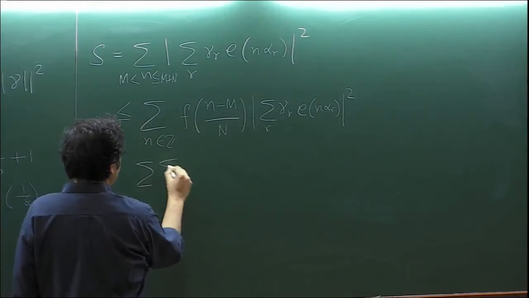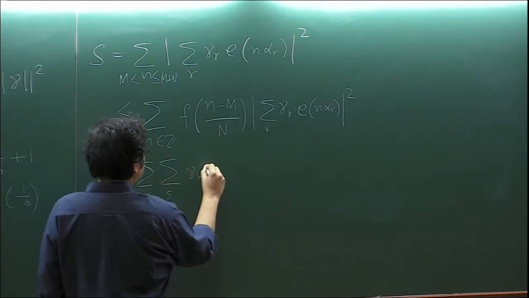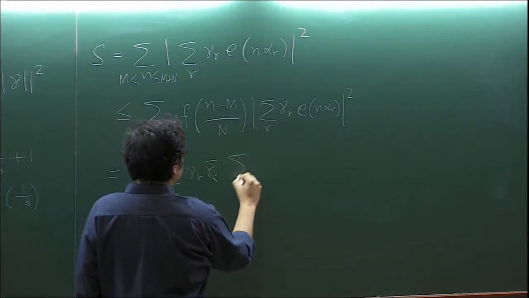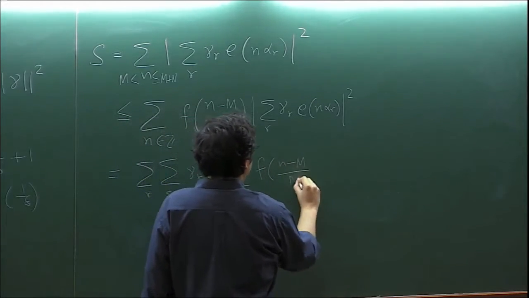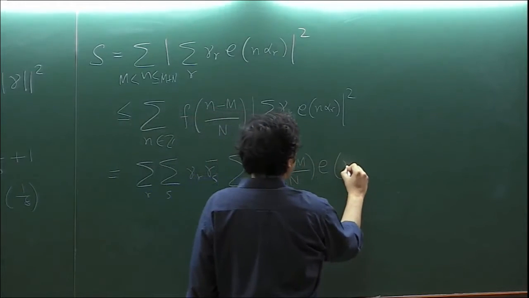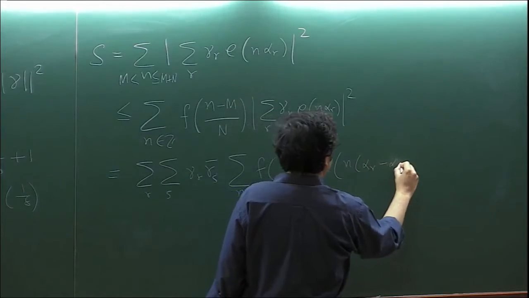So this will be the sum over r and s, gamma r, gamma s bar, sum over n, f of (n minus m) by N, e of n into (alpha r minus alpha s).